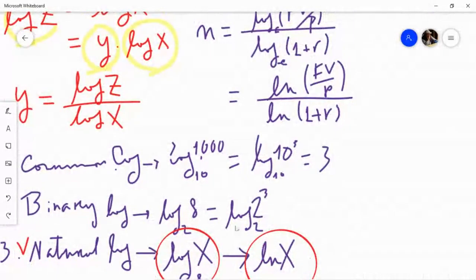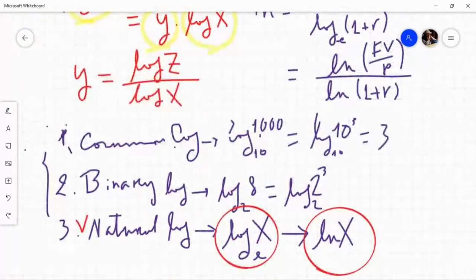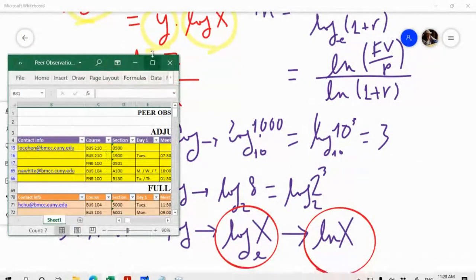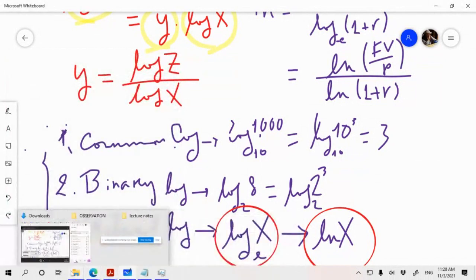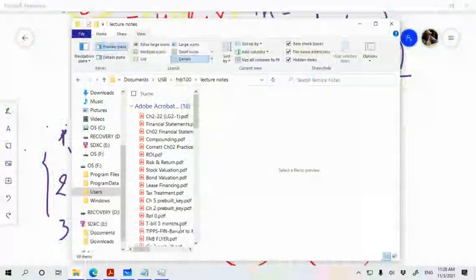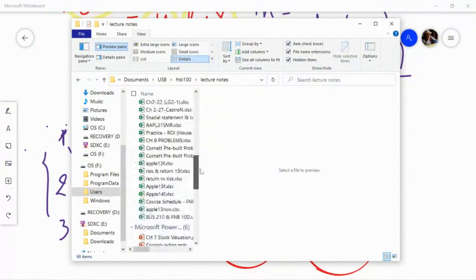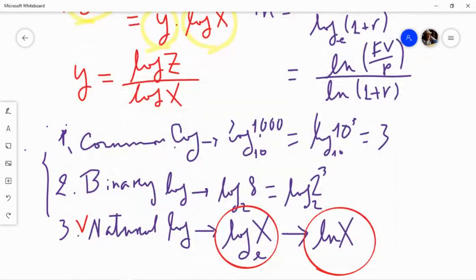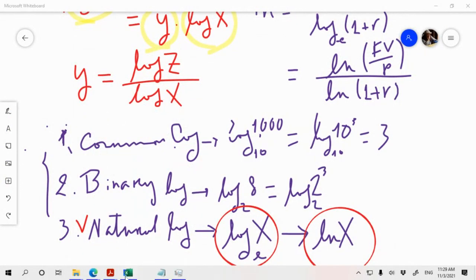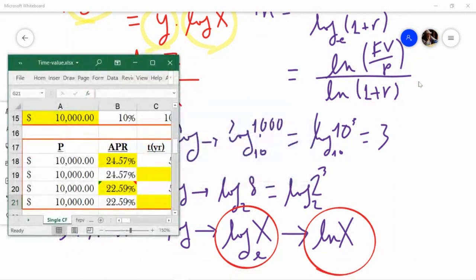Okay, let's do the problem. So I want you to have this file in front of you, right?